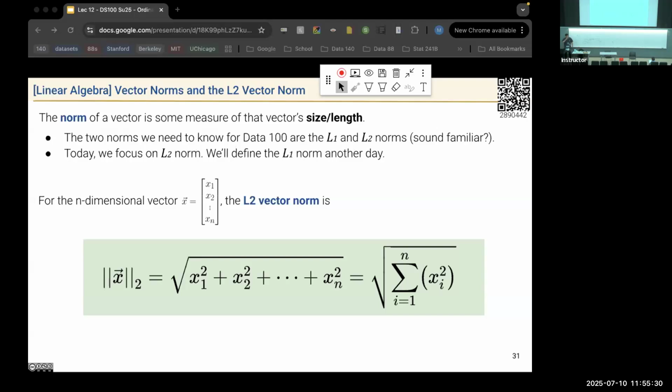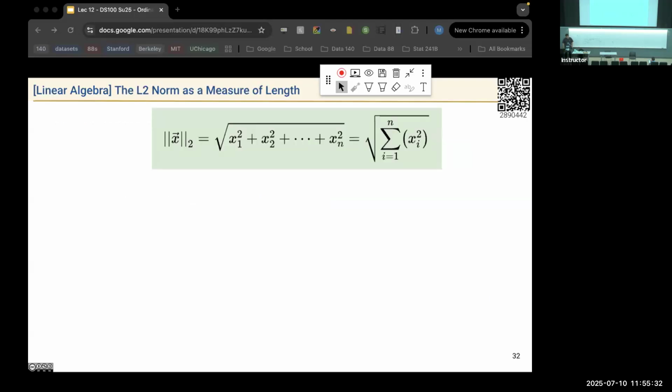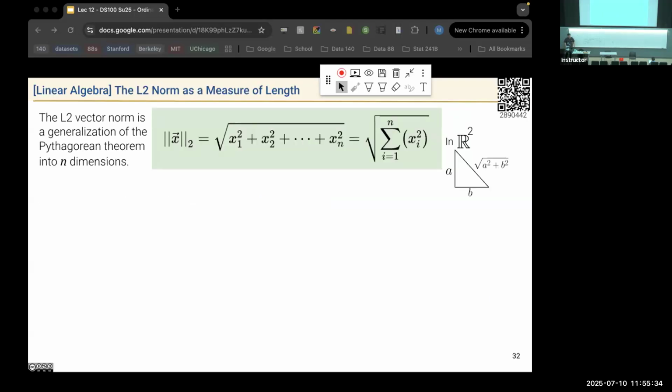So that is the L2 norm. It's a generalization of the Pythagorean theorem, because if you look at the first two entries, that's literally what the Pythagorean theorem is. You have the two edges of a right triangle, and then you're looking for the third one.